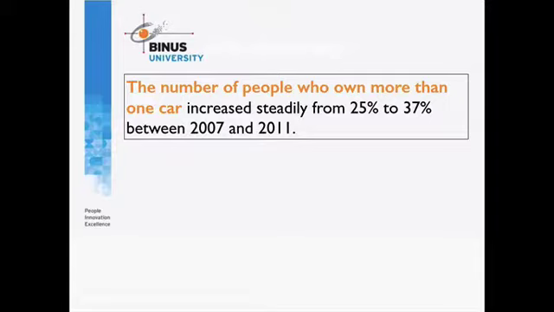So of course in this one you can see in orange the variable is written, the number of people who own more than one car. And then you've got your trend increased steadily, your data from 25% to 37%. And then the time between 2007 and 2011. So we're going to look at this variable in more detail.